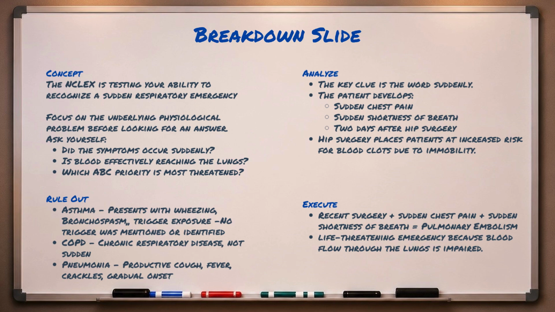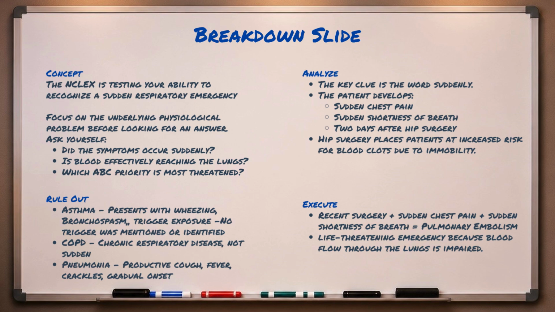That leaves pulmonary embolism. Recent surgery, sudden chest pain, sudden shortness of breath. Every clue points directly to pulmonary embolism. And finally, let's execute. The nurse should suspect a pulmonary embolism. This is a medical emergency because blood flow through the lungs is being obstructed.